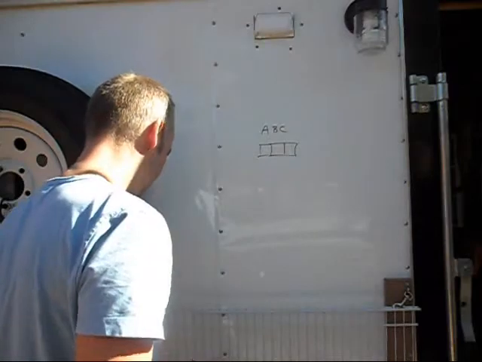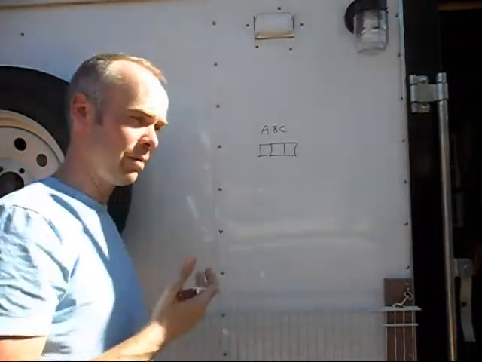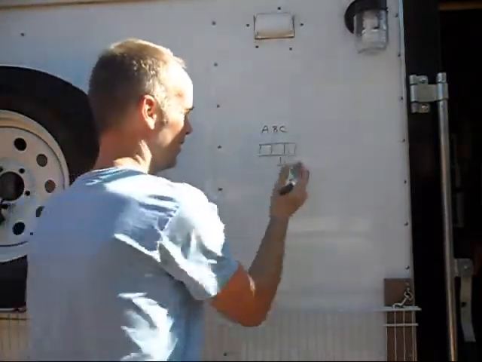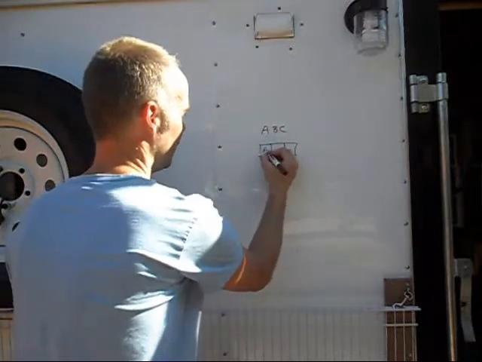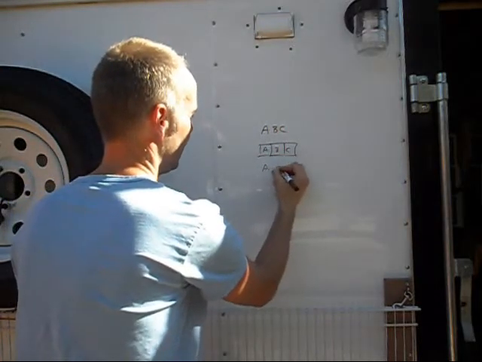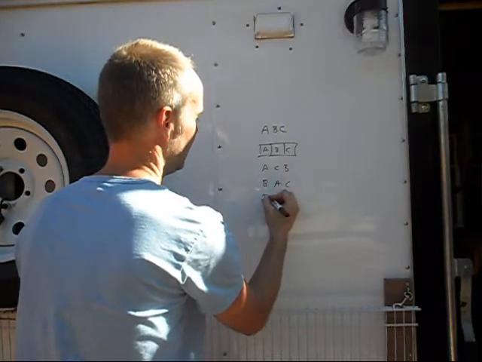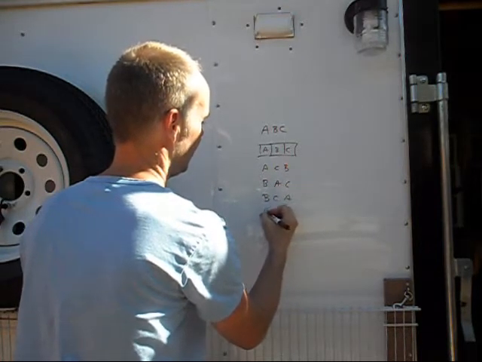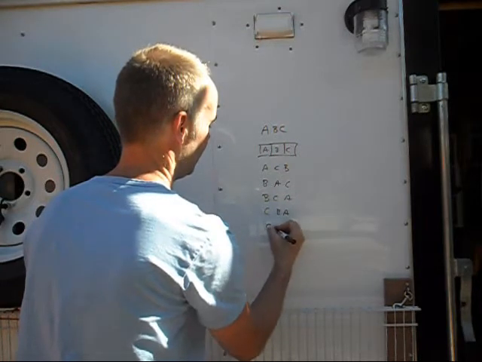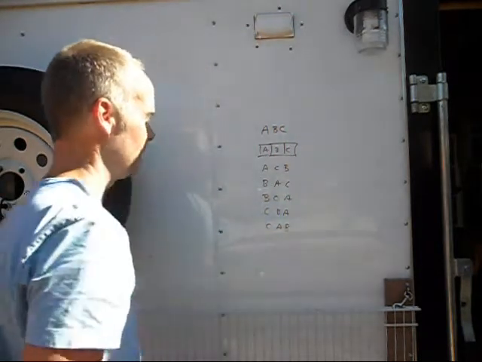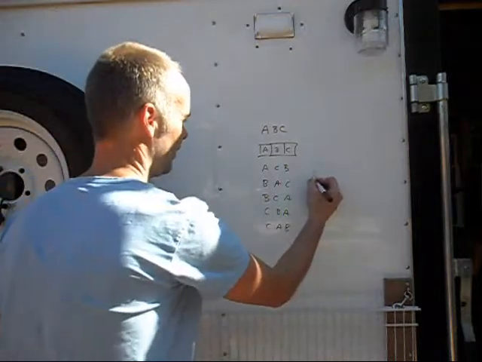How many different ways, where you don't repeat any of the letters, can you write out these 3 characters? So of course you could have A, B, C, you could have A, C, B, you could have B, A, C, B, C, A, and you could have C, B, A, C, A, B. And so if you count all these up, you have 6.